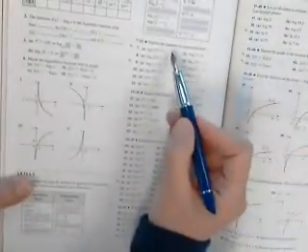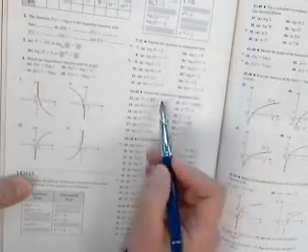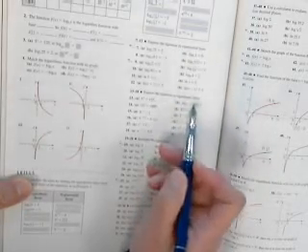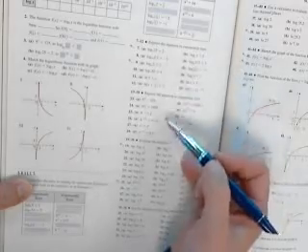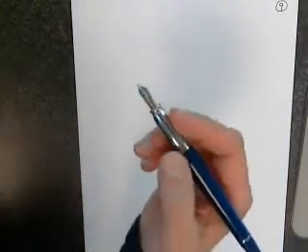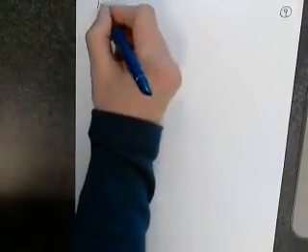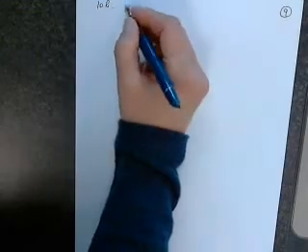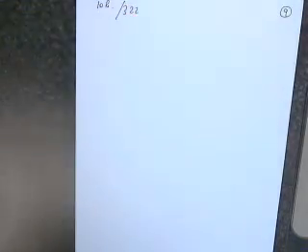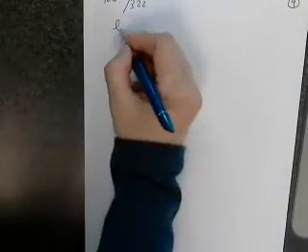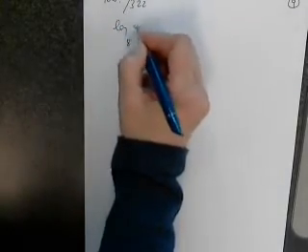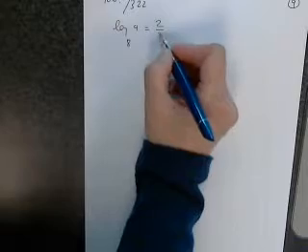Okay, here it is. Express the equation in exponential form. Express the equation in logarithmic form. So I would like to pick from here and I like to pick from here. I'm going to pick 10b. If you have any preference. 10b on page 322. Log base 8 of 4 equals 2/3.